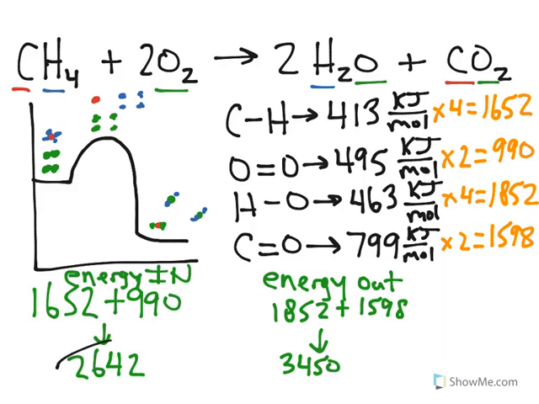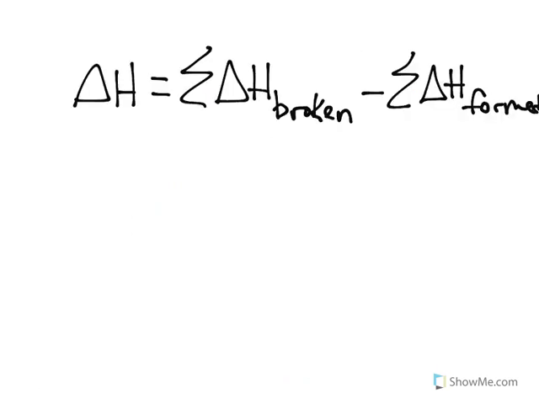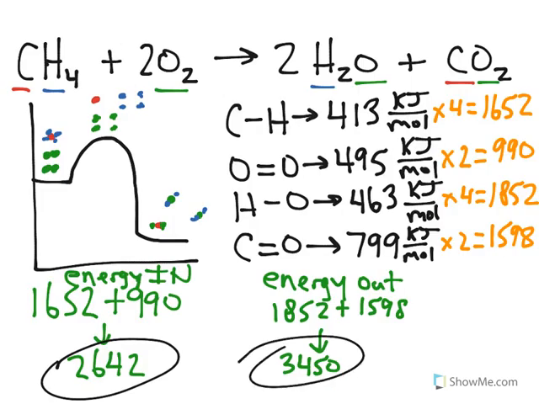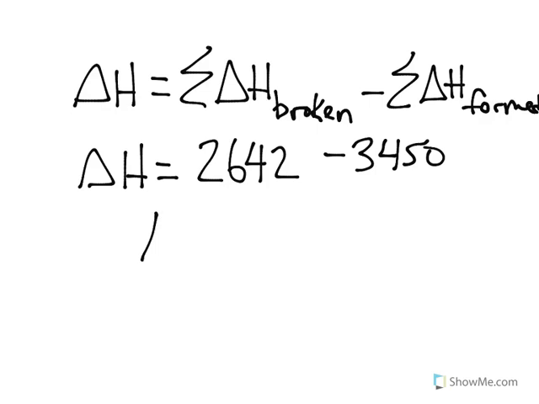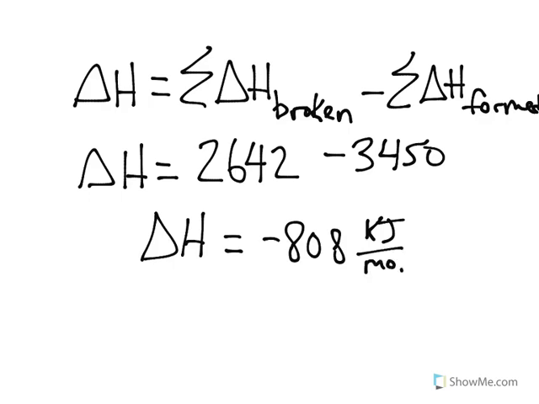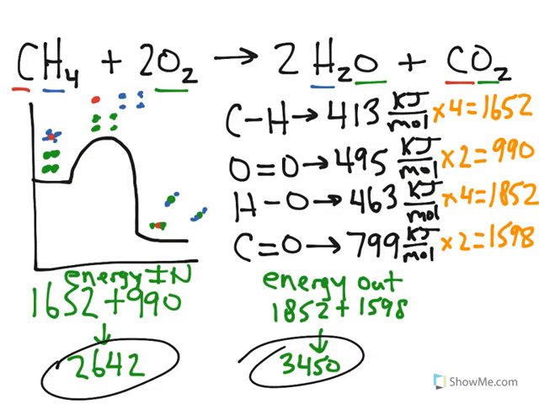Going back, we know that when you added these together, 2642 went in, and 3450 came out, so minus 3450, and what you've actually just calculated is the total enthalpy change for that reaction. The total enthalpy change of this reaction turns out to be negative 808, and our units there are kilojoules per mole. So because more energy came out than went in, we knew this was exothermic, and it was exothermic to the degree of negative 808 kilojoules per mole.